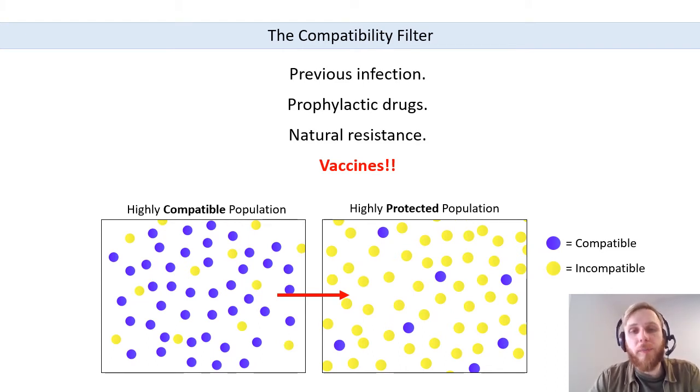It's not particularly useful from a therapeutic perspective, because this is a natural resistance built into some individuals' genetics, so it's difficult to harness that therapeutically. As I'm sure you know, however, it has been harnessed therapeutically in a small number of cases. There are those two cases of individuals who have been cured of HIV because they've had a bone marrow transplant from individuals with this natural mutation.